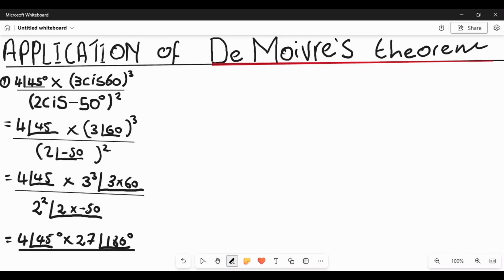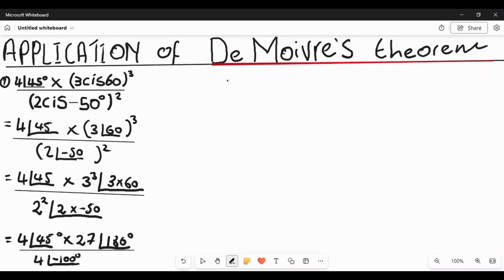Divide by. There we go. Now, we know that 2 to the power of 2 is going to give us 4, the modulus. And then the angle is going to give us negative 100 degrees. All right, so the modulus is going to be 4 and the argument is going to be negative 100 degrees.